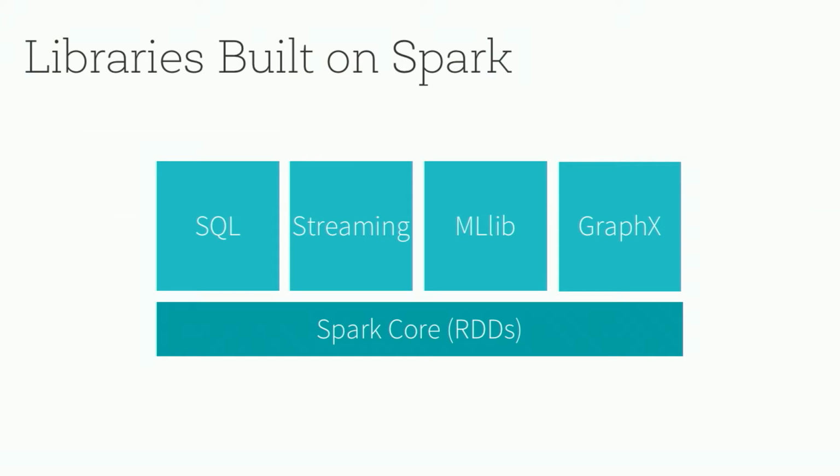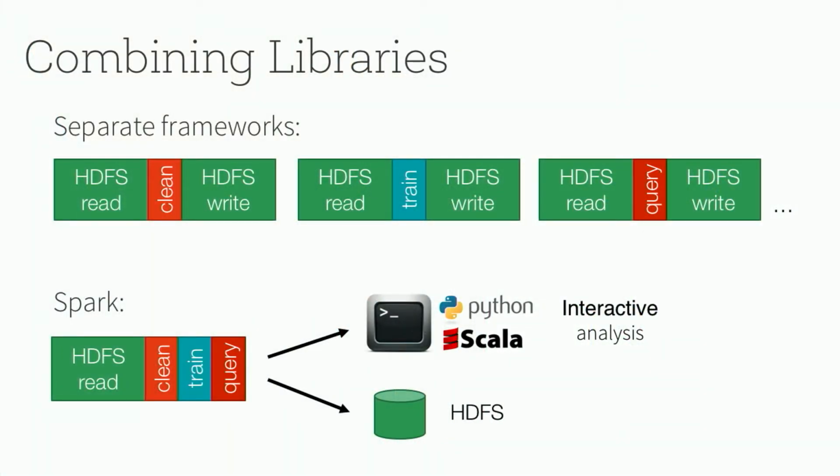So first of all, do people actually use composition? Yes, people built a whole bunch of libraries, and most applications use multiple of these libraries. These are just the ones that are included in Spark, but there are many other open source packages out there. And as you compose them, you get these nice benefits in terms of efficiency.